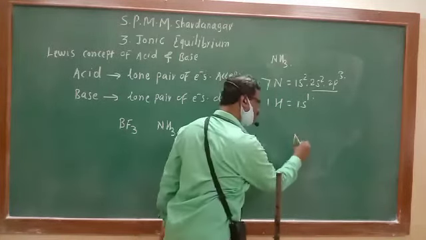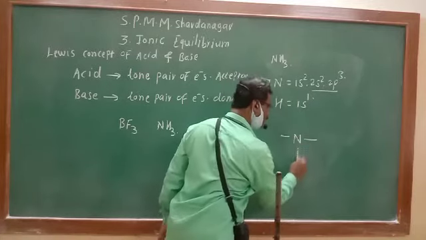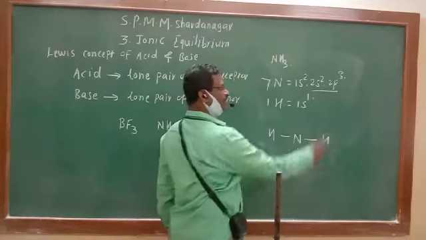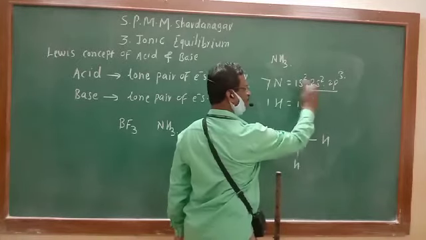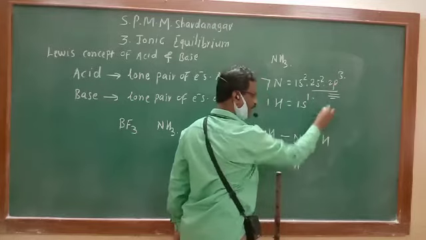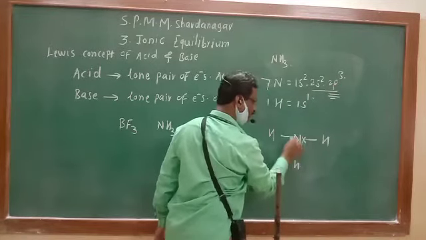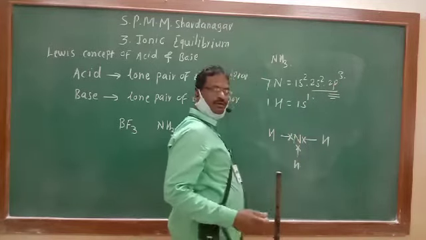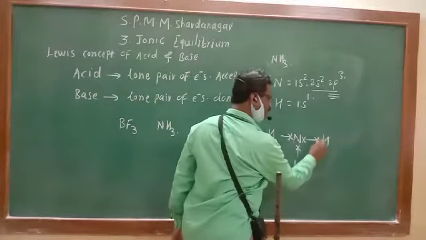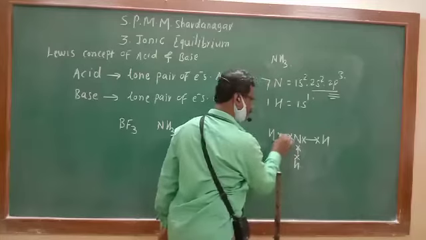Whenever NH3 is formed like this, the 3 unpaired electrons of nitrogen form bonds with the unpaired electron of hydrogen.